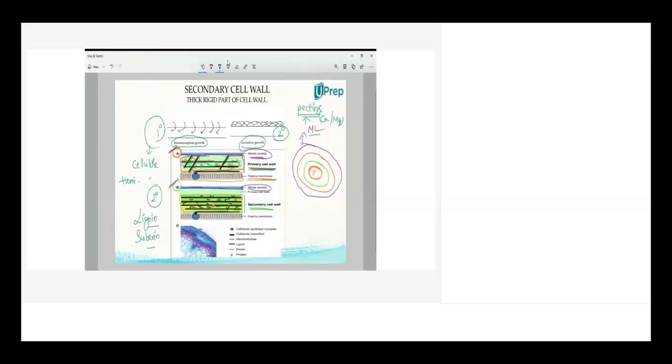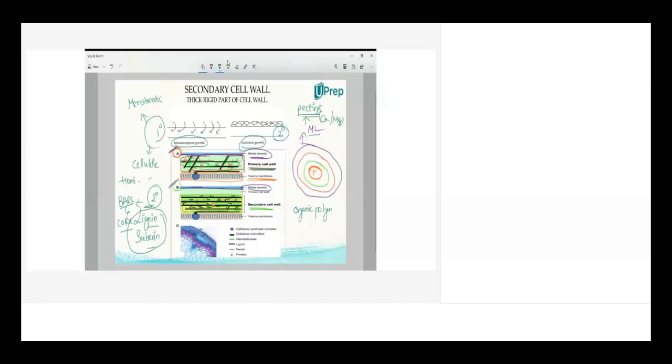The primary cell wall you will find in meristematic tissues and some parenchyma tissues, whereas a secondary cell wall you will find in bark, or in some cases even in cork also you will find. That's why the bark and cork are very tough due to presence of those materials. These are polymers. I mentioned that word in the last class itself. Organic polymers. So the lignin and the pectin are organic polymers.